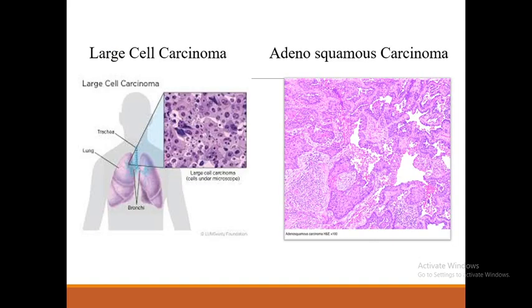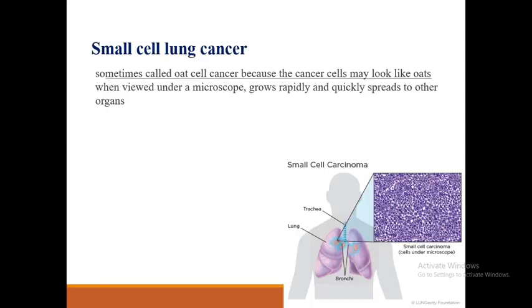Again, in this photo, you can see the difference between large cell carcinoma cells and adenosquamous carcinoma cells under a microscope. Then we have the second major type of lung cancer, small cell lung cancer, sometimes called oat cell cancer, because the cancer cells may look like oats.